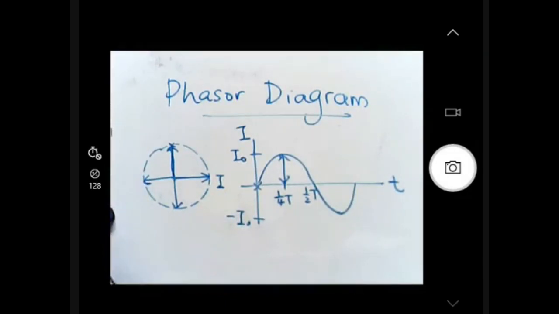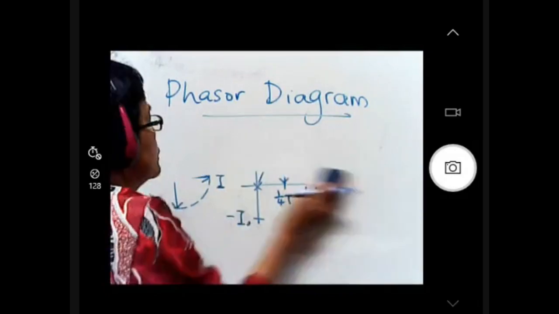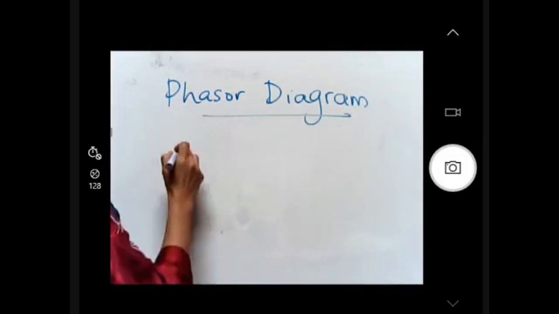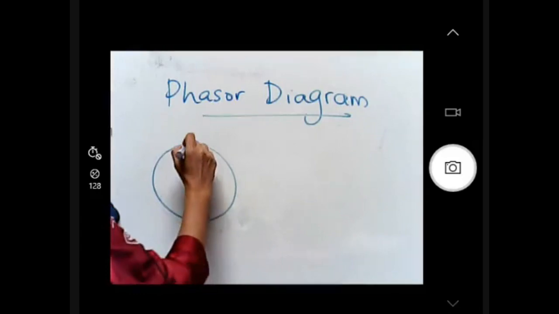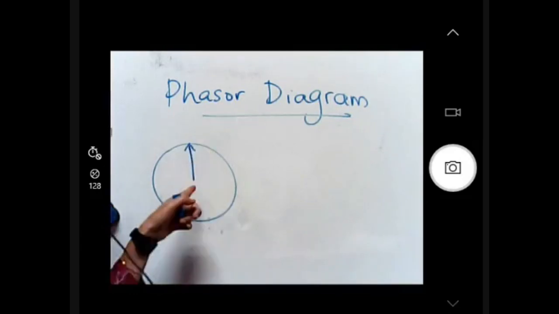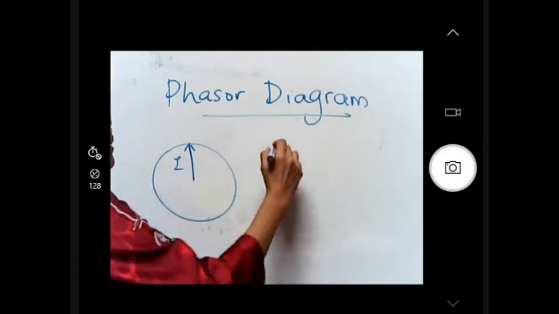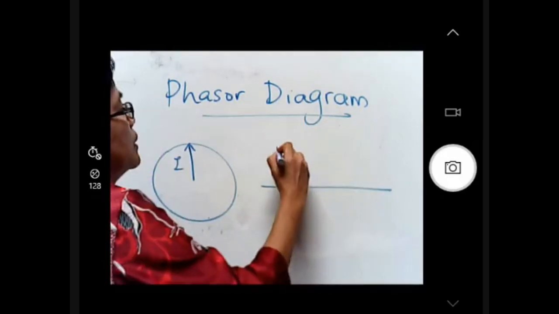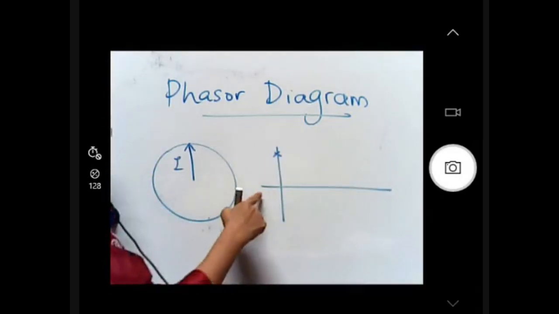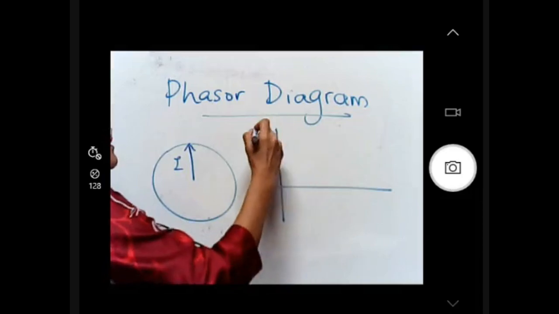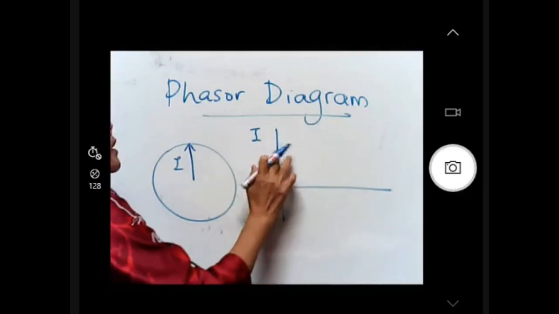Okay, so if let's say I were to start at this position, then my graph will be here. At time t equals 0, I will be at this point.